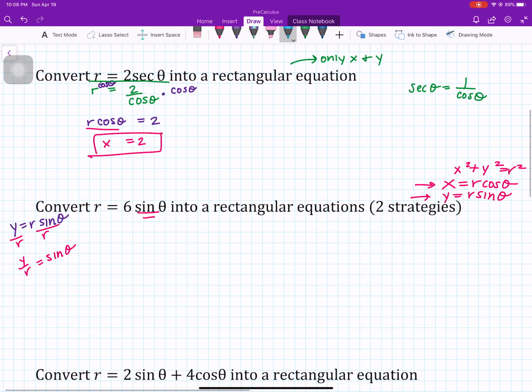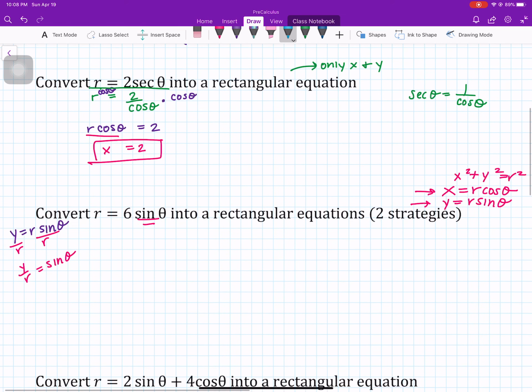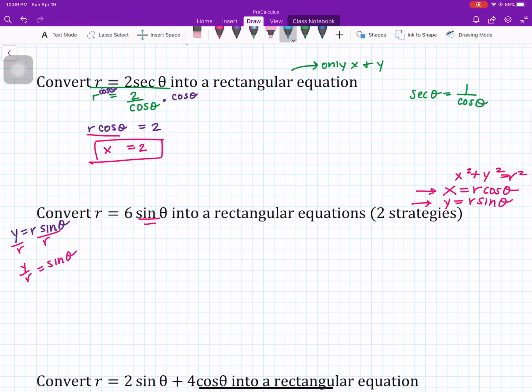Which is almost a little counterintuitive because you still have r's and you want to get rid of r's, but if you have r equals 6 times y over r, because that's what sine of theta is, you can multiply both sides by r. And then you have r squared equals 6y.